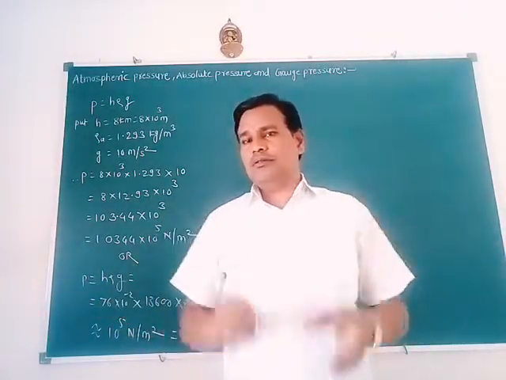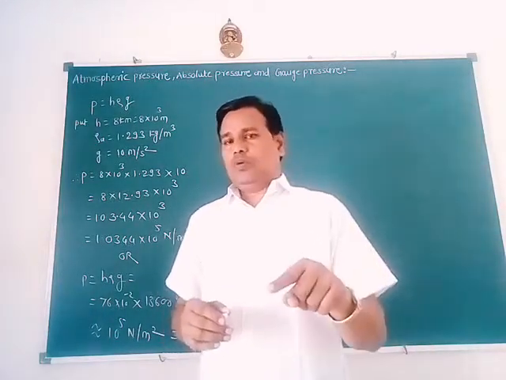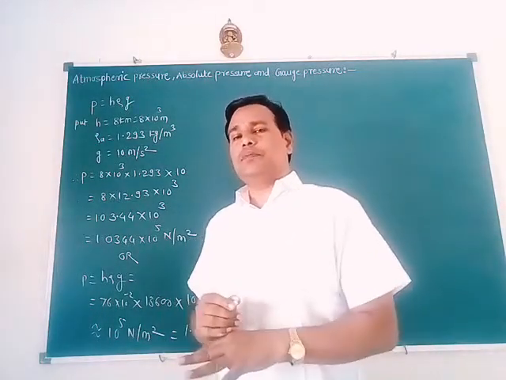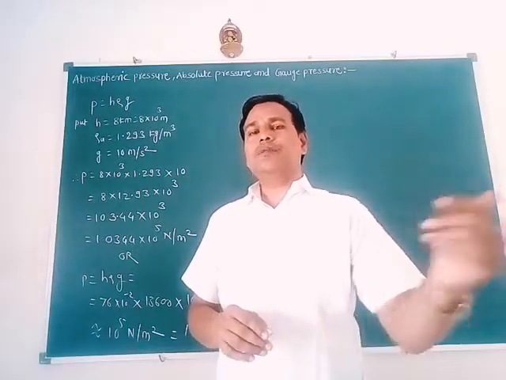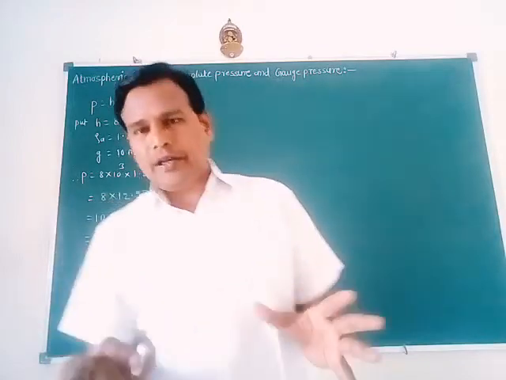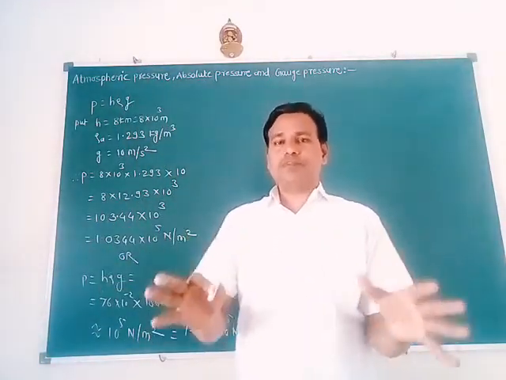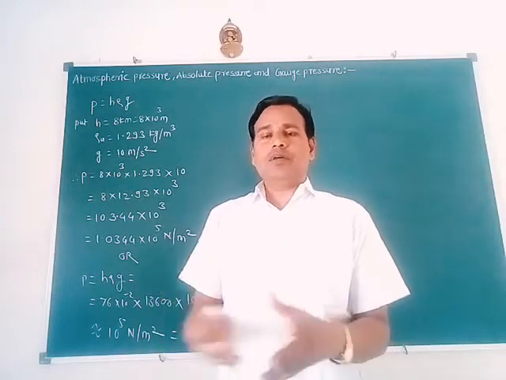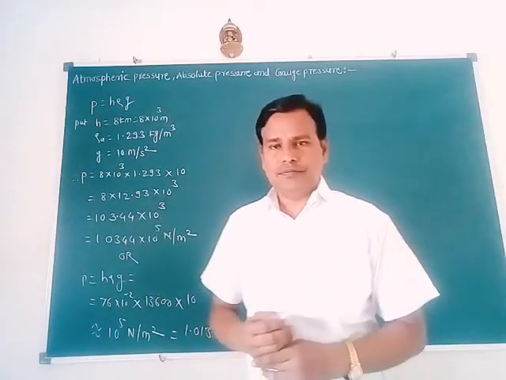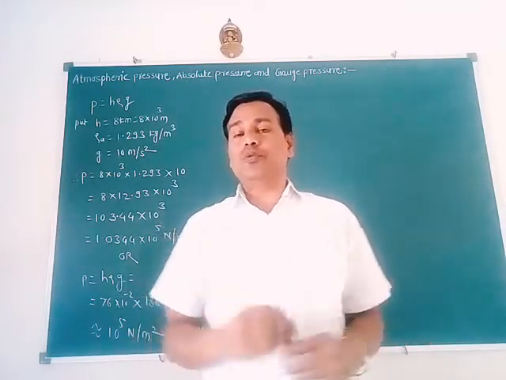At the region where the pressure is less than atmospheric pressure, it is called vacuum. Actually, vacuum is nothing, we can say. It is absence of air or absence of any type of matter. So absence of any type of matter is called vacuum.